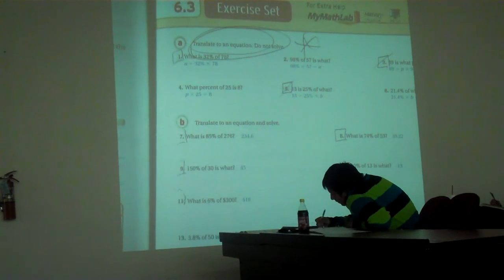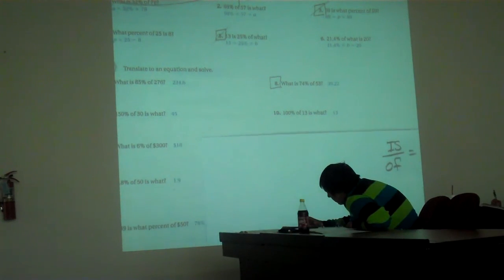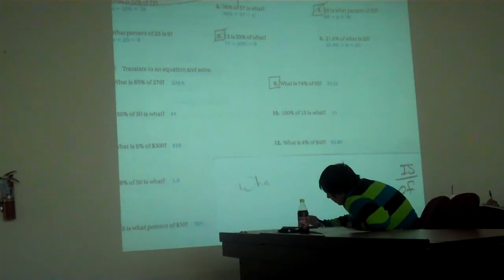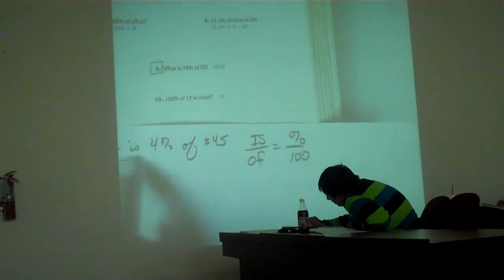Okay, let's do one that is not done yet. 100% of something's too easy. Number 12 says, what is 4% of $45? Okay? The is will be right before or right after the is word.